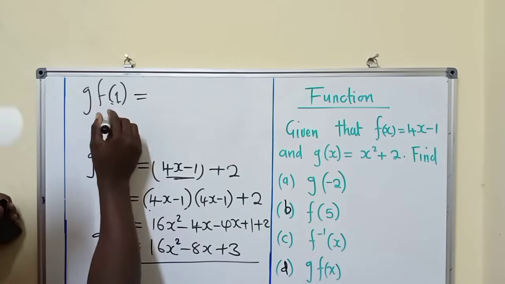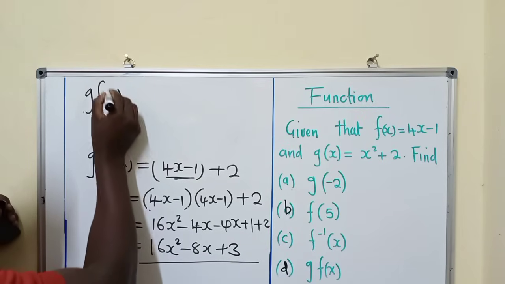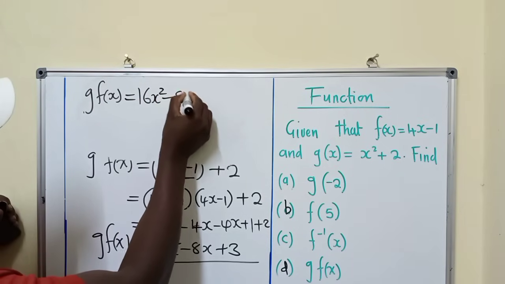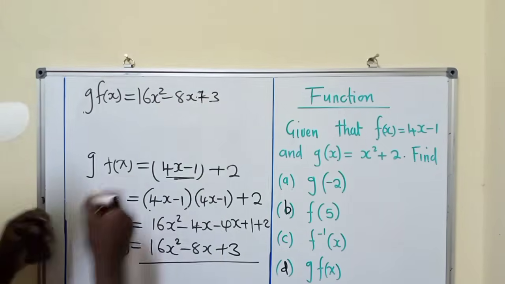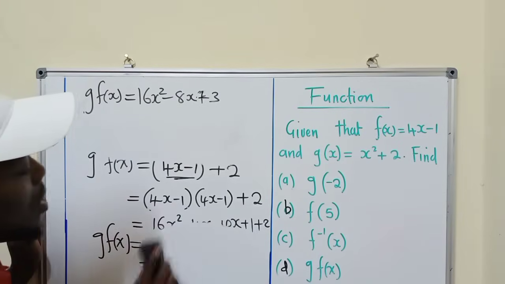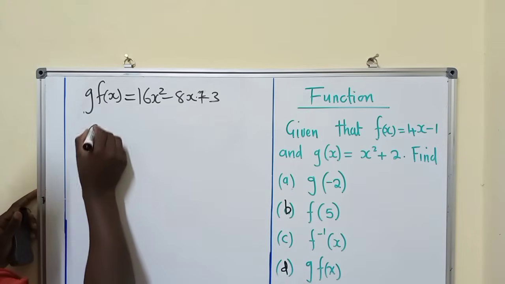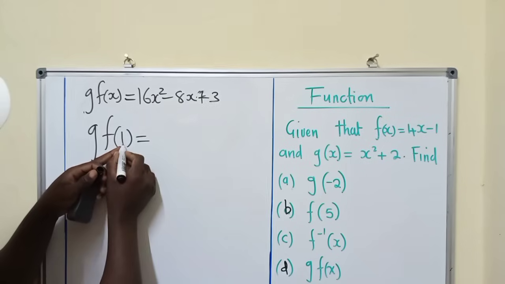Okay, let me show you this. We have g of f of x, which we've just found. It's 16x squared minus 8x plus 3, isn't it? This is what we found. Now, the question I'm giving you is to find g of f of 1. So this means it starts substituting.